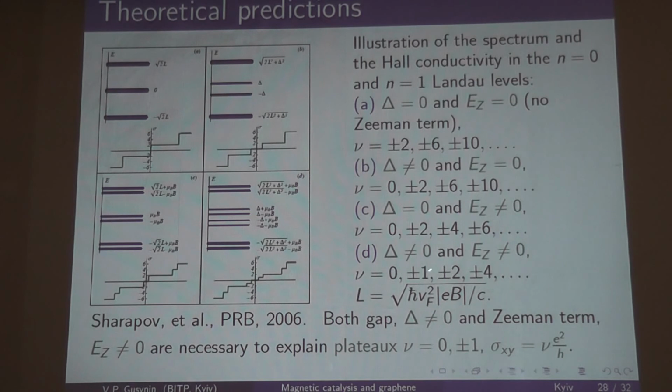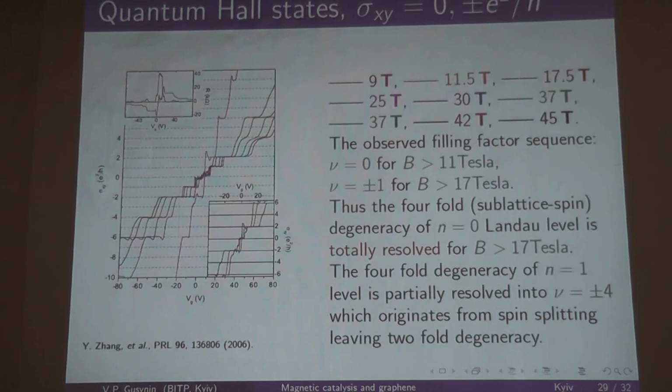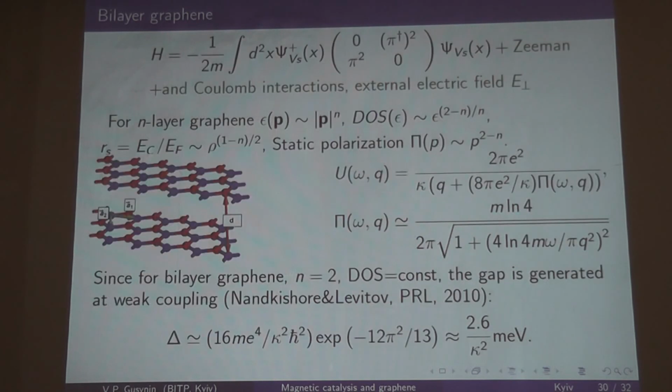So you have 0, plus minus 1, and so on. And these fillings were observed in an experiment by Valeriy Gusynin.